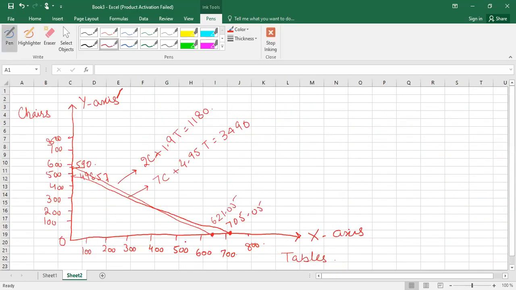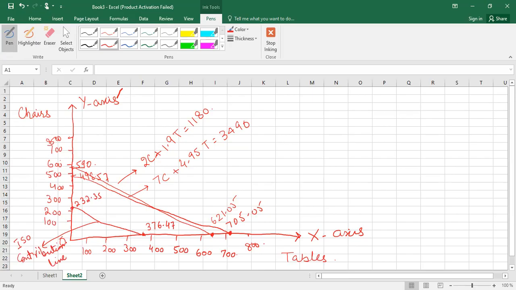So 376.47 tables and 232 point something chairs, 0.35. Now we will draw this line. This line is usually called ISO contribution line. Usually. In this question, it is not, because simultaneous equation is not giving the maximum contribution.